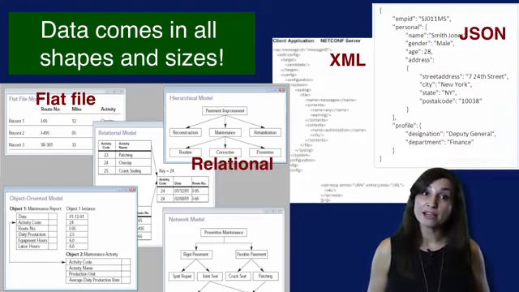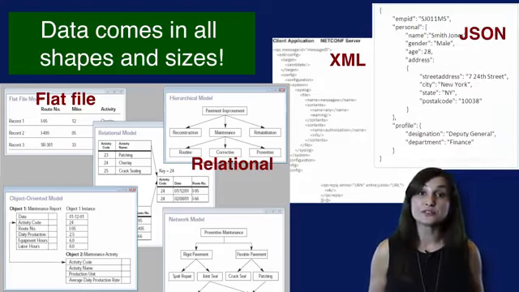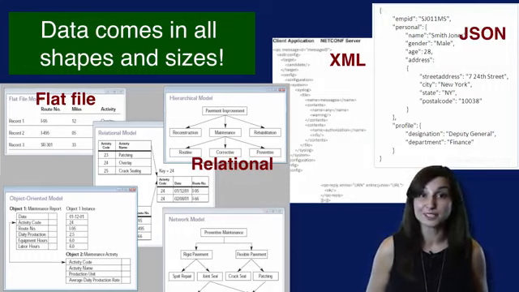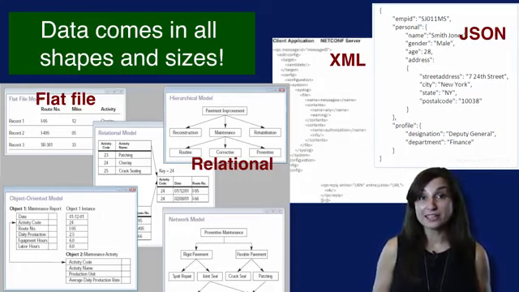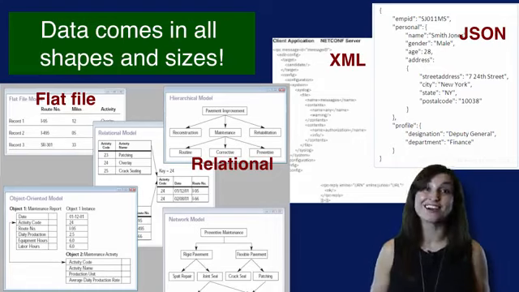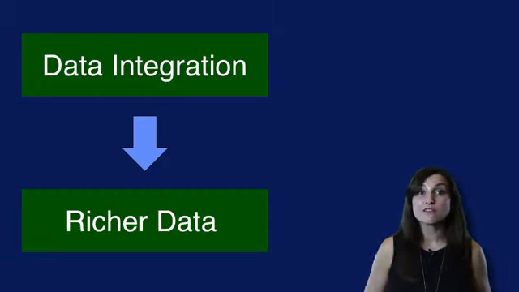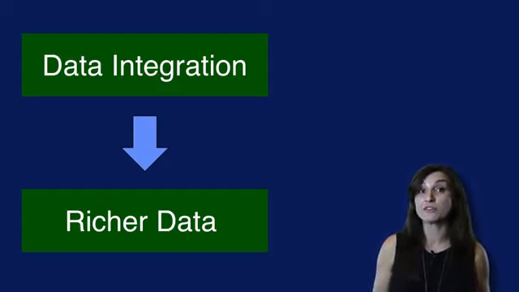These different formats and models are useful because they are designed to express different data in unique ways. In a way, different data formats and models make big data more useful and more challenging all at the same time.